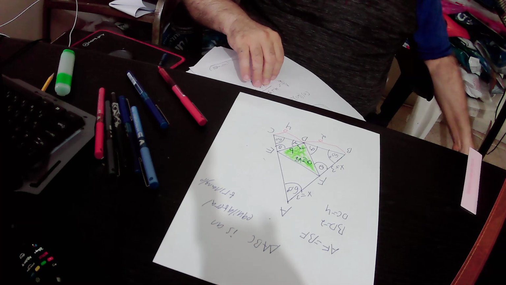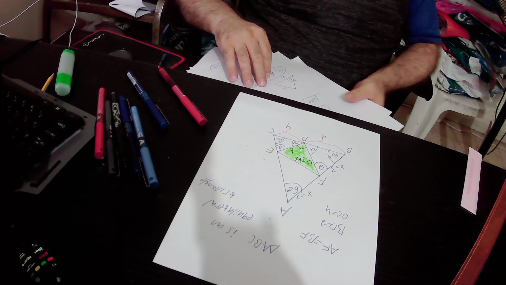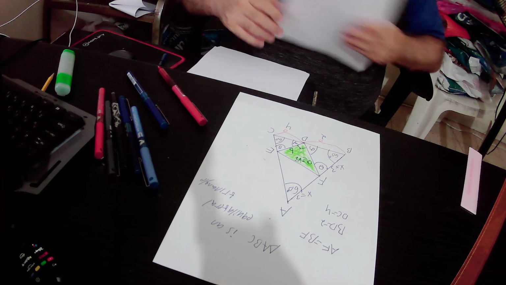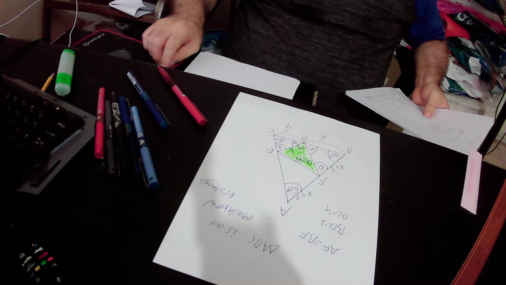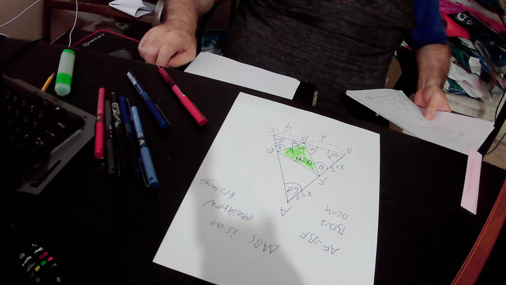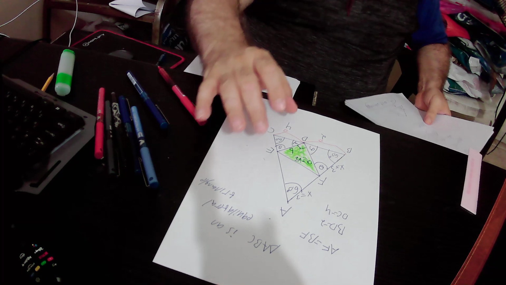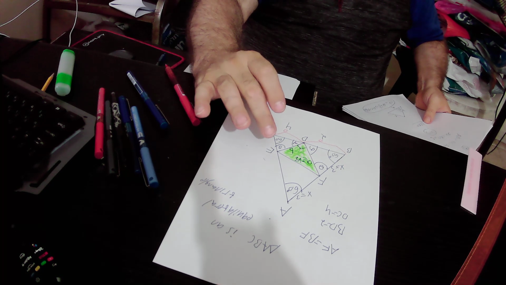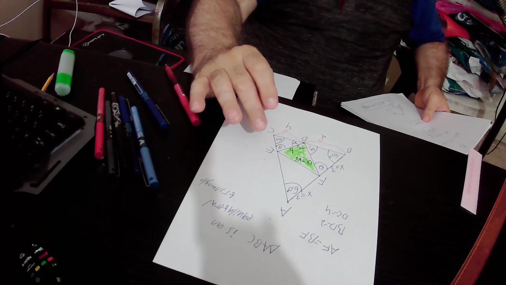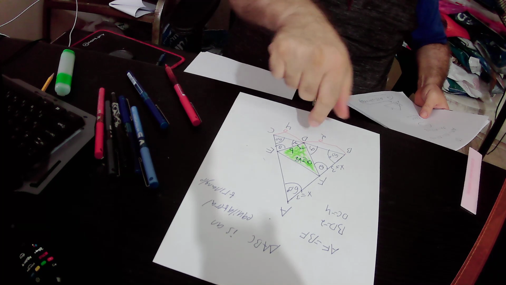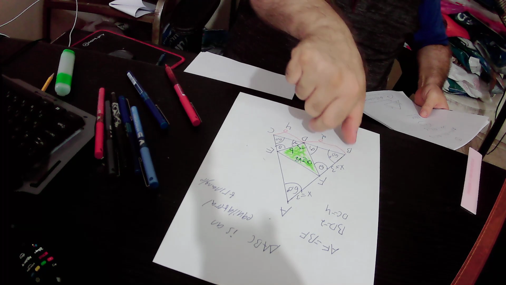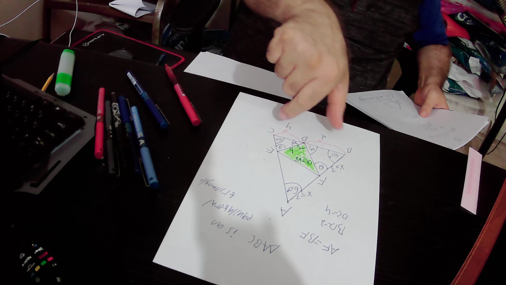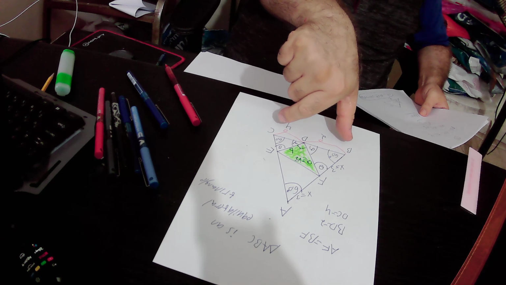Actually, the size of the side of the equilateral triangle equals BD plus DC, but BD equals 2 units and DC equals 4 units, so BC equals 6 units.